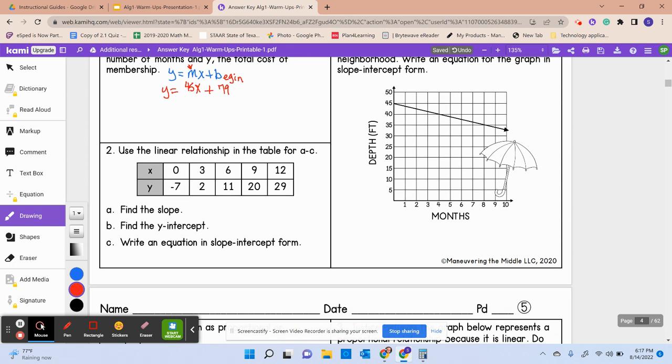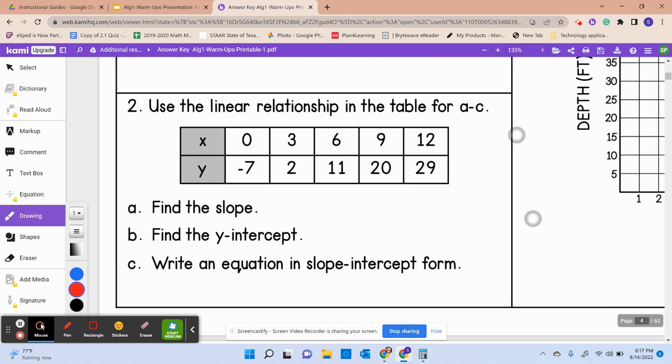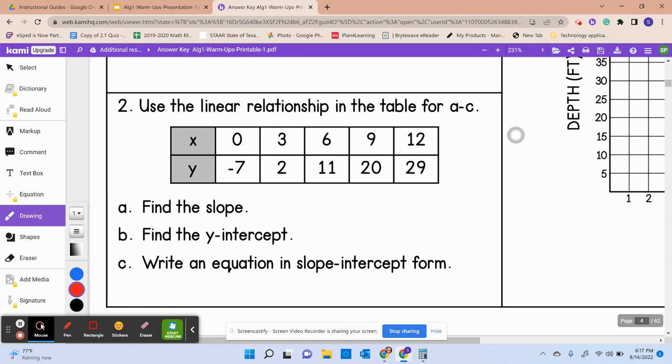Now, on number 2, they want us to use the linear relationship for the table. It wants us to find the slope, the y-intercept, and write an equation in slope-intercept form. Again, slope-intercept form is y equals mx plus b. The slope is the m value.